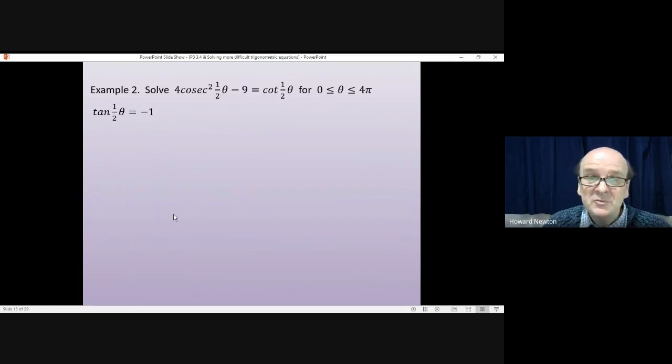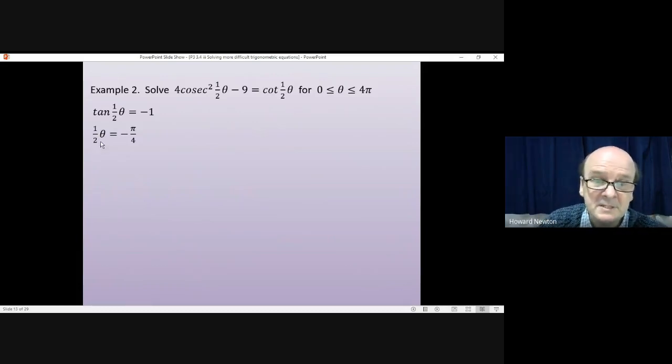We don't really need to draw a sketch this time, because tan theta is a lot easier to work with than sine or cos theta. So we find the first solution, using our calculator. So you do inverse tan of minus 1. That'll give you the first solution. Inverse tan of minus 1 is minus pi by 4.